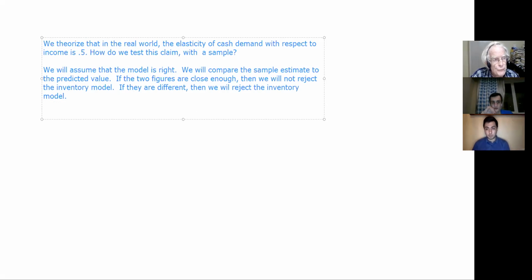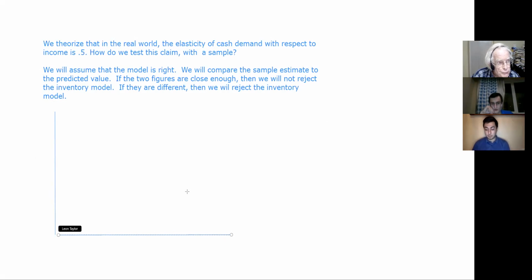So in the graph, here's what we will do. We argue that under general circumstances, the elasticity of cash demand is 0.5, but may vary a bit from 0.5 from one sample to another. So maybe for 2000 to 2010, we have an estimate of 0.6. For 2010 to 2020, maybe it is 0.4.